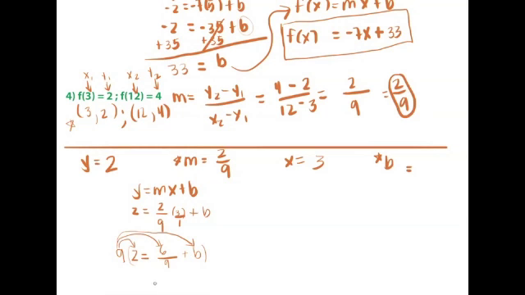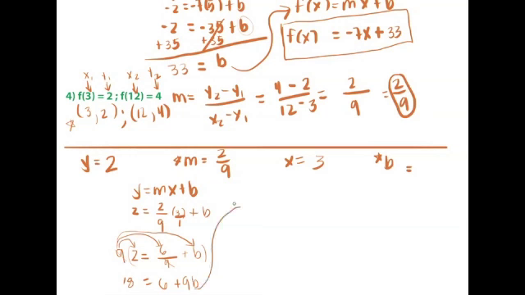So 9 times 2 is 18. When we do the 9 and the 6 over 9, remember these two guys cancel out, the 9's cancel out, so all that's left is just that 6. 9 times b is 9b, and that's what we're left with.